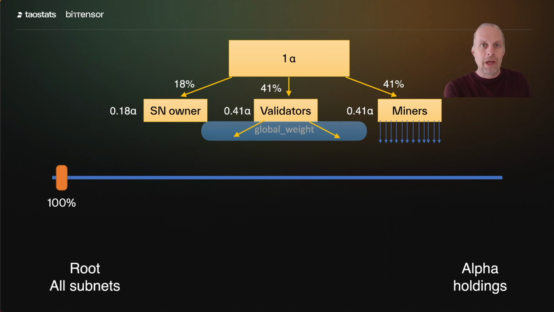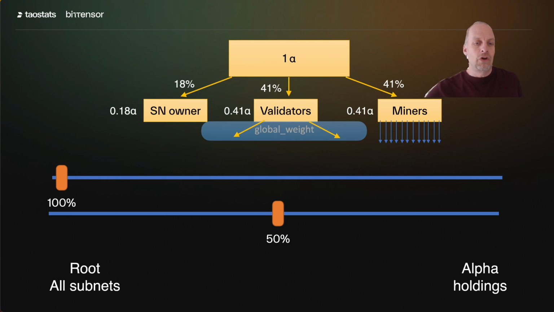So that's root and tau staked across all of the subnets. And then over time, mathematically, this is going to make its way to 50%, where it's 50% the entire network, all of the subnets in root, and then 50% the alpha holdings that you hold on the specific subnet. And so each subnet is going to have a global weight, and it will slowly move from 1 to 0.5.